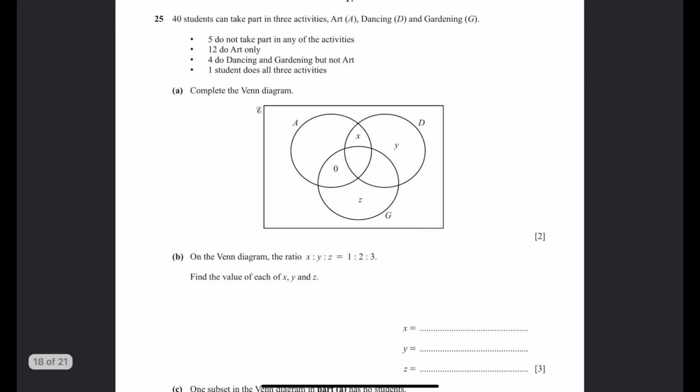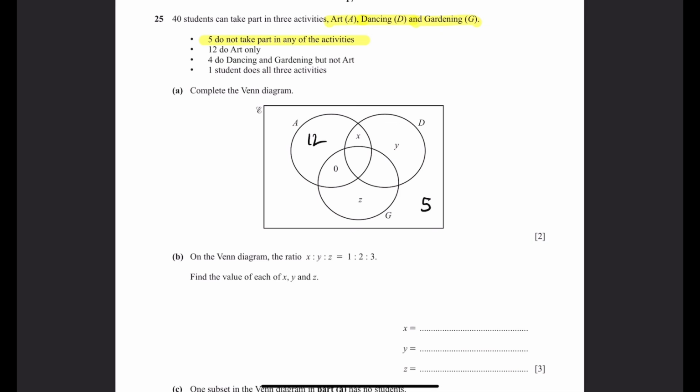Let us try this one. 40 students can take part in 3 activities, art, dancing and gardening. 5 do not take part in any of the activities, so we can write in this Venn diagram 5 outside. 12 do art only, so art is denoted by A. 4 do dancing and gardening but not art.